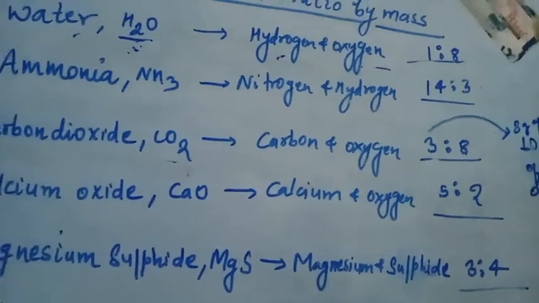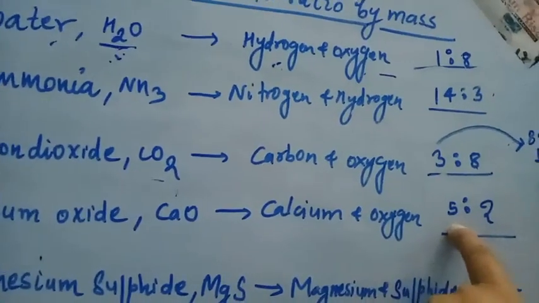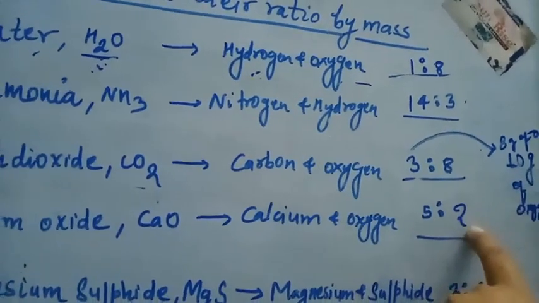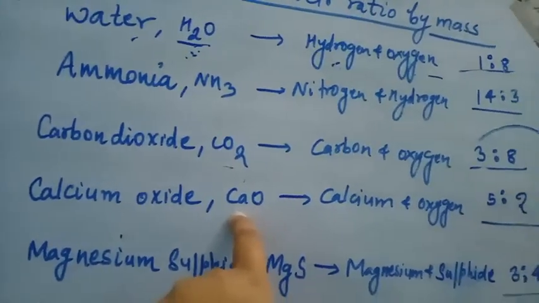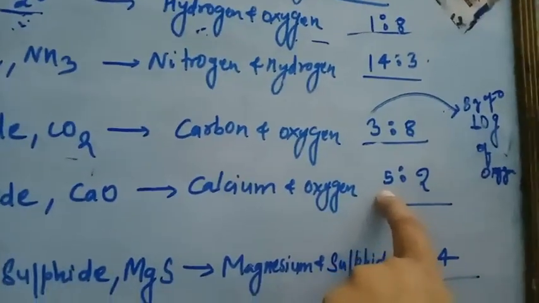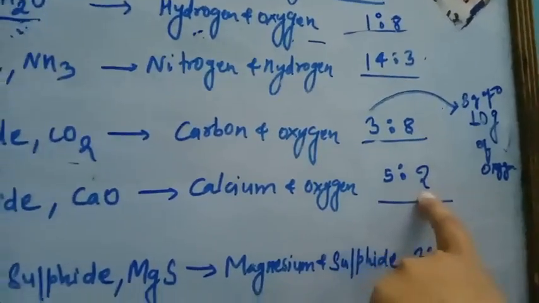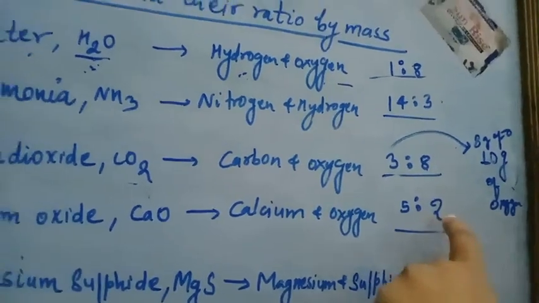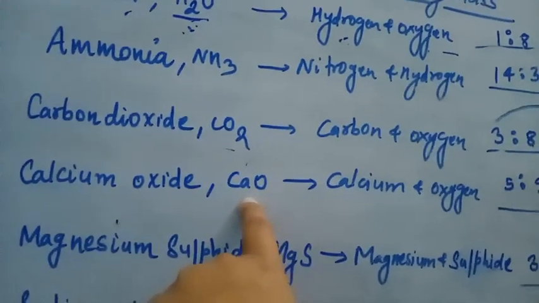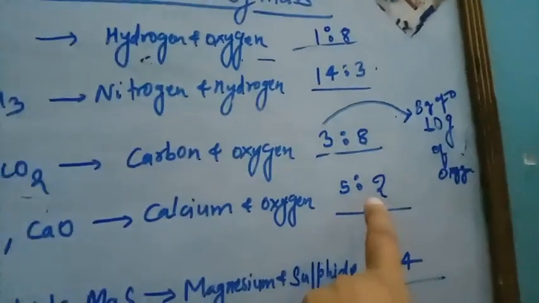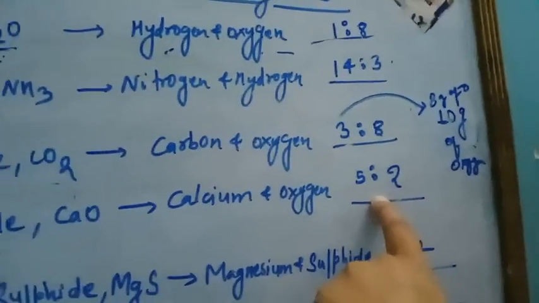So if 5 AMU of calcium reacts with 2 AMU of oxygen, it will form 1 molecule of calcium oxide. Or if 5 grams of calcium reacts with 2 grams of oxygen, we will form 1 mole of calcium oxide. But the ratio will again be fixed, that is 5:2 by mass.